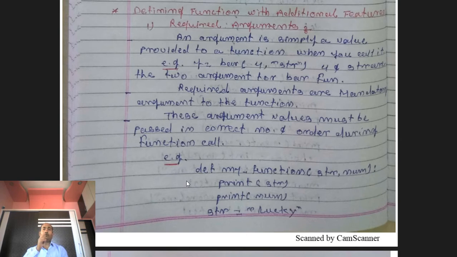Suppose you want to pass 10 to a, 20 to b, and 30 to c. That means 10 first, 20 second, and 30 third. So 10 is assigned to a, 20 to b, and 30 to c. So the very important point in required arguments is that the correct order and sequencing is very important.